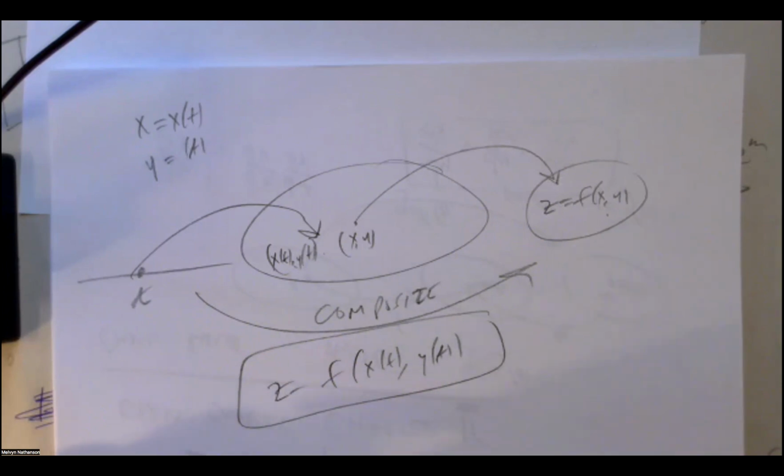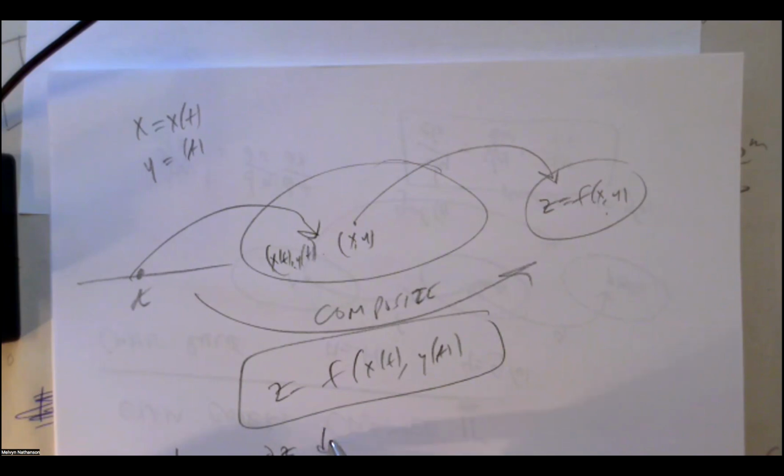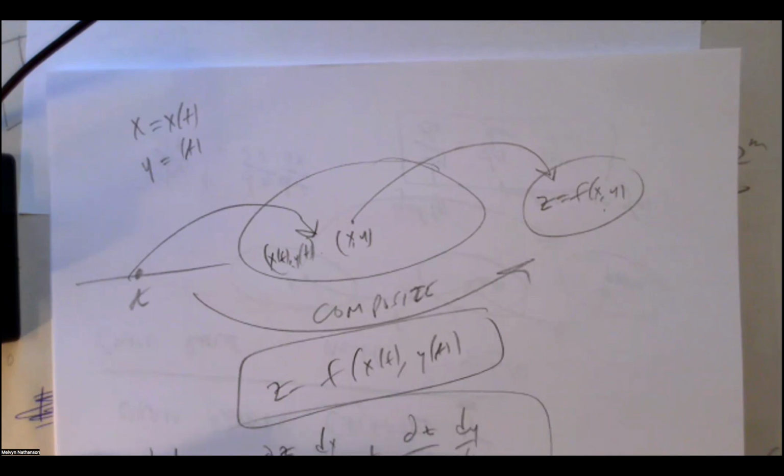And we want to know, for this composite function, dz dt, what is that equal to? And the chain rule says this is equal to the partial of z with respect to x times dx dt plus the partial of z with respect to y times dy dt. So this is the chain rule in the case where you have a function f of two variables, but each of the variables come from functions x of t and y of t, right?